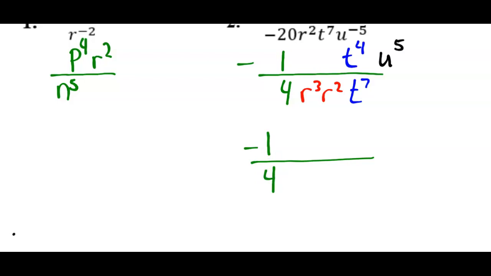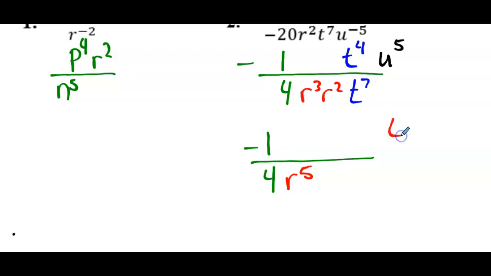What do I need to do with my r's? Add them together. I get r to the 5th. What am I going to end up doing with my t's? Subtract them. I'm going to get 4 minus 7. 4 minus 7 is what?